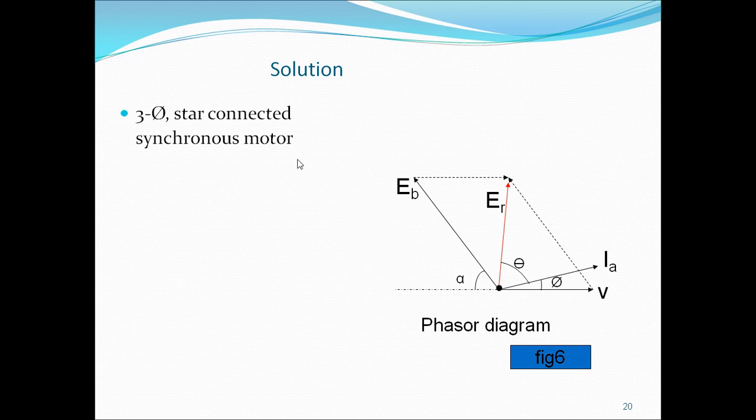So what he gave? He gave a three-phase star-connected synchronous motor, and motor output also he gave, 10 HP. How to convert this HP into watts?